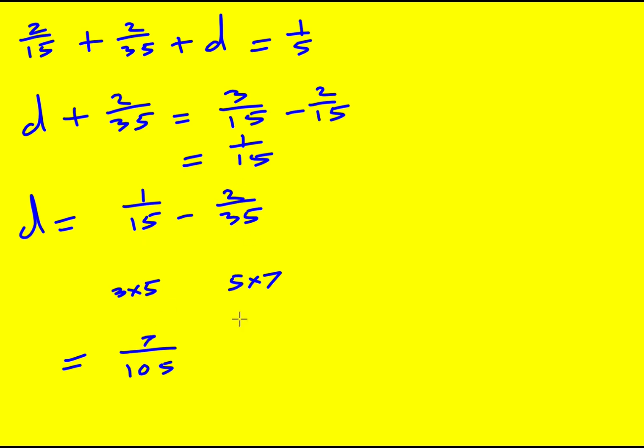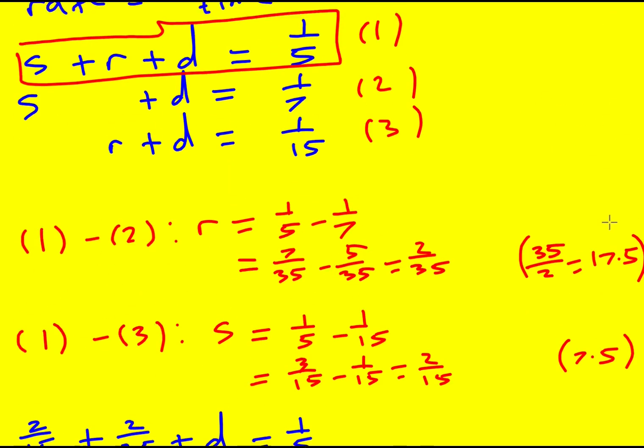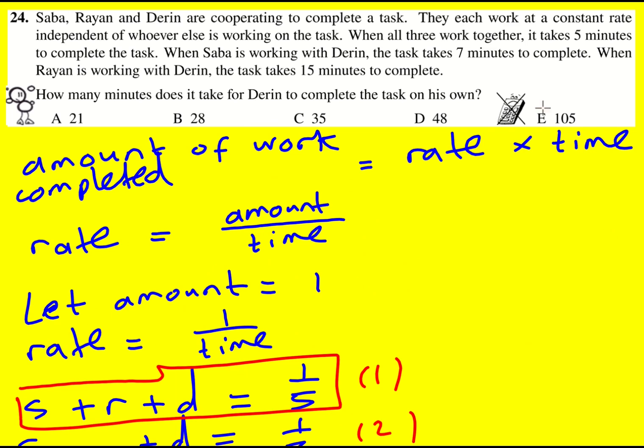I times this one through by 3, that gives me 6 over 105, then I'm sorted: 1 over 105. And that is Darren's rate, 1 over time. So the time is going to be 105. It would actually take Darren 105 minutes to do the task by himself.